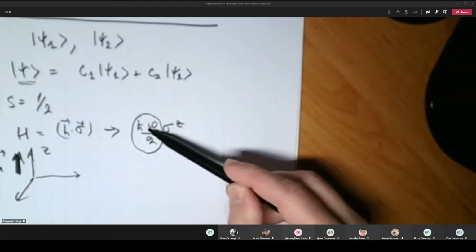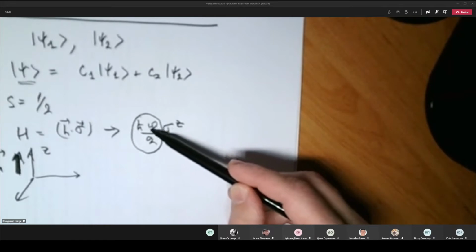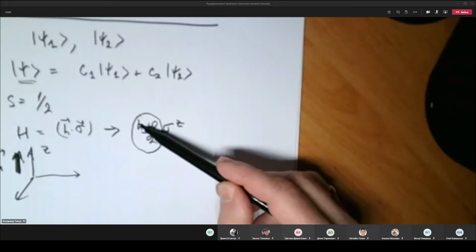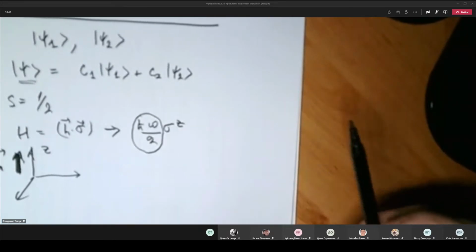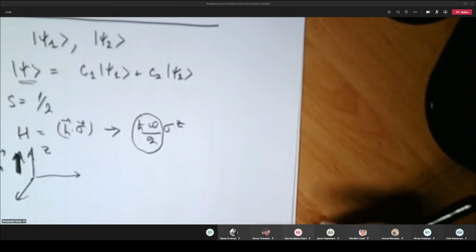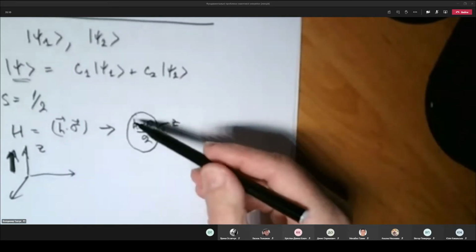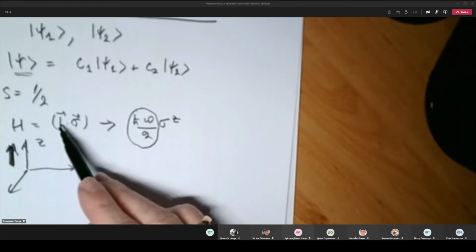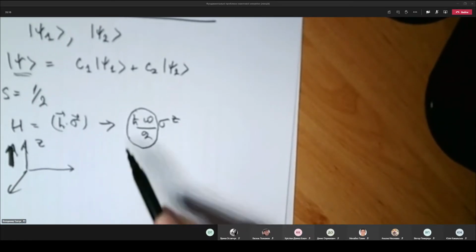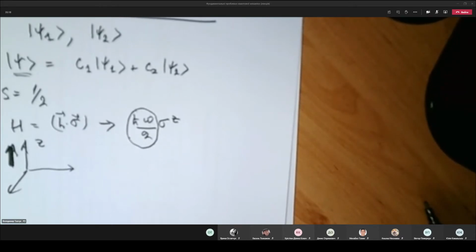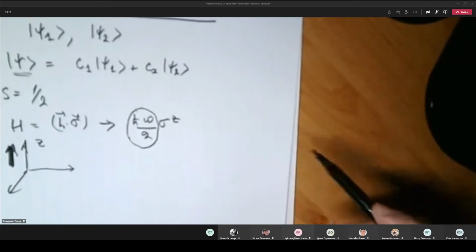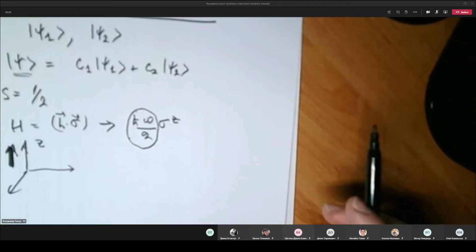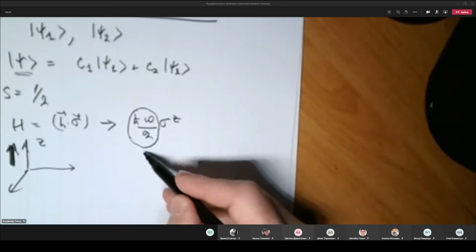Of course, H multiplied by omega frequency is energy. So H omega has a dimension of energy, and in our notation it just represents the magnetic field. So the interaction with the magnetic field directed along the z-axis is written here.